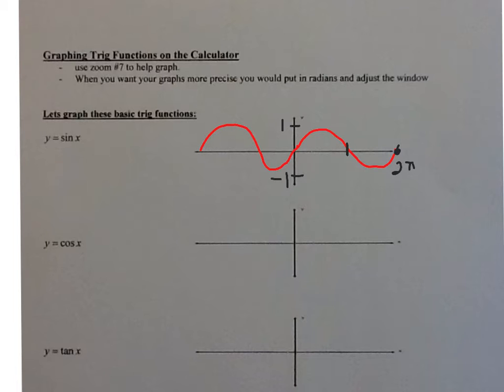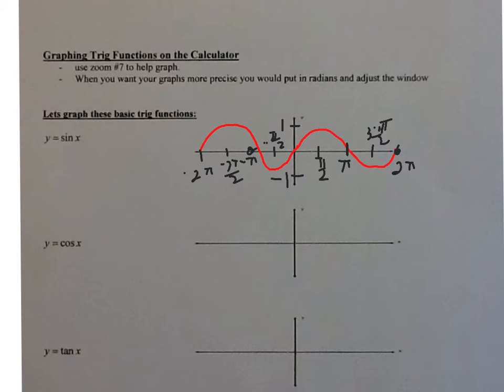So this would be pi, halfway between 0 and pi would be pi over 2, and then this would be 3 pi over 2. And on the left would be negative 2 pi, negative pi, negative 3 pi over 2, and negative pi over 2.